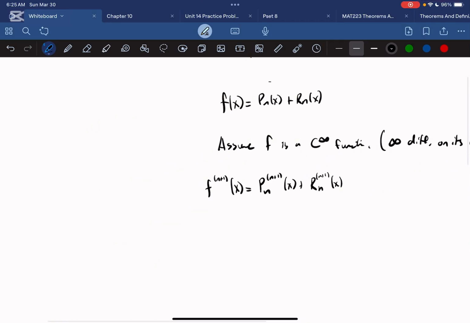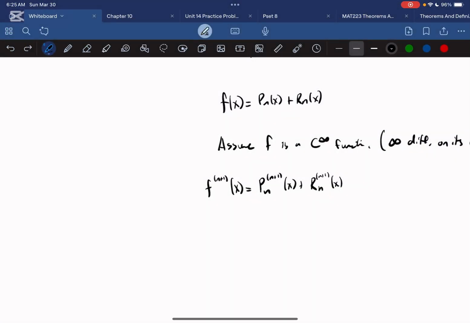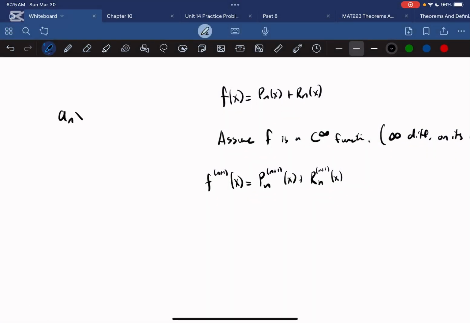Now we know Pn is an n-degree polynomial, right? So we can represent it as an times x to the n plus an minus 1 times x to the n minus 1, all the way to a1x plus a0, right? So we know the biggest term is just x to the n.